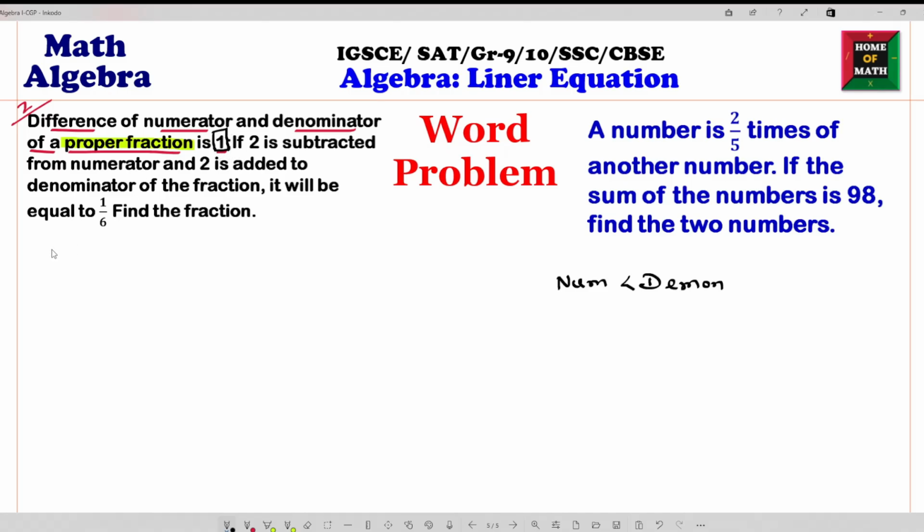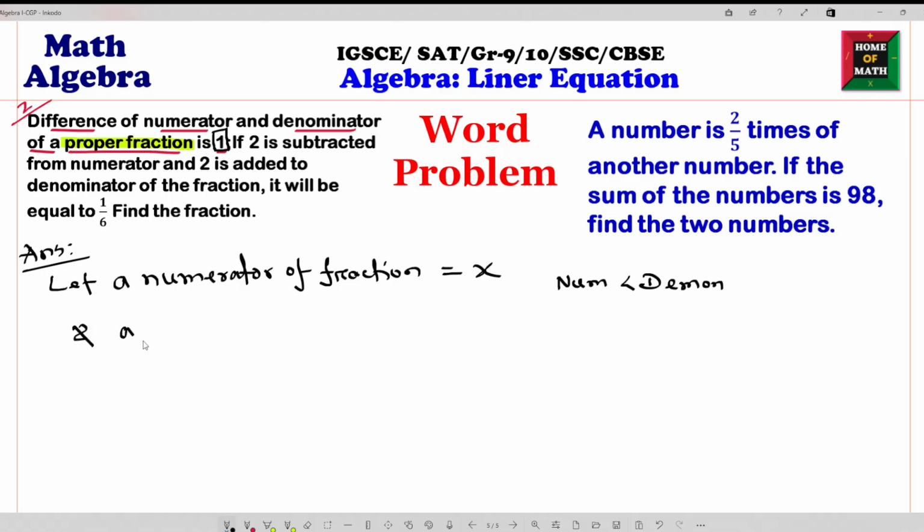So we can say like this, answer: let the numerator of the fraction equal x and the denominator of the fraction x plus 1.